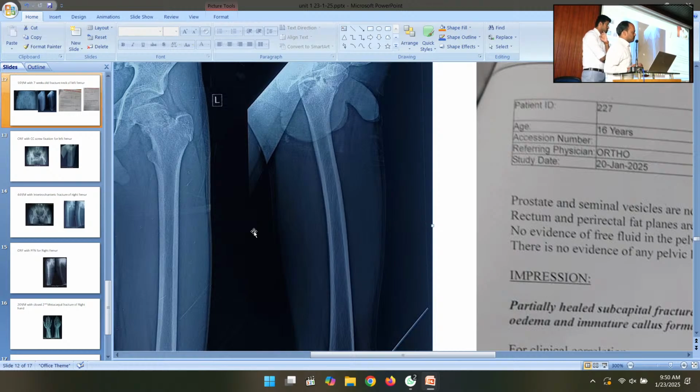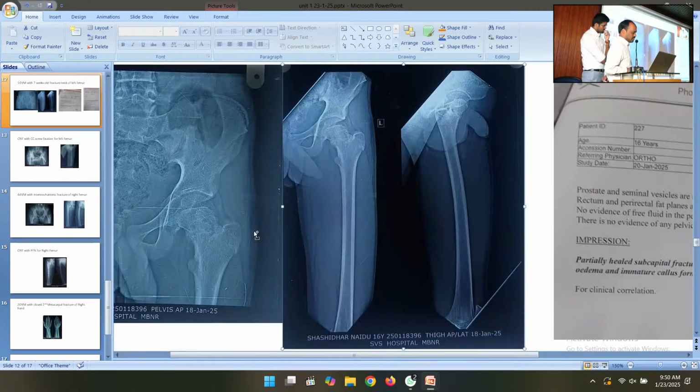Sometimes these fractures go unnoticed. They will have some pain, a little bearable pain. A few weeks and then they become normal. We have done MRI, sir.